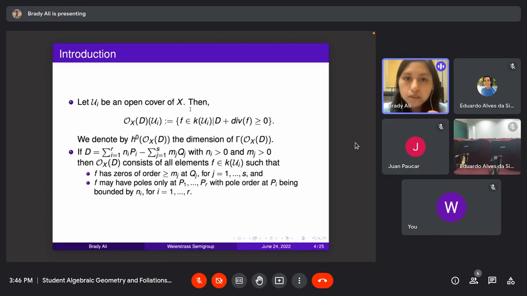So these rational functions satisfy these two conditions.